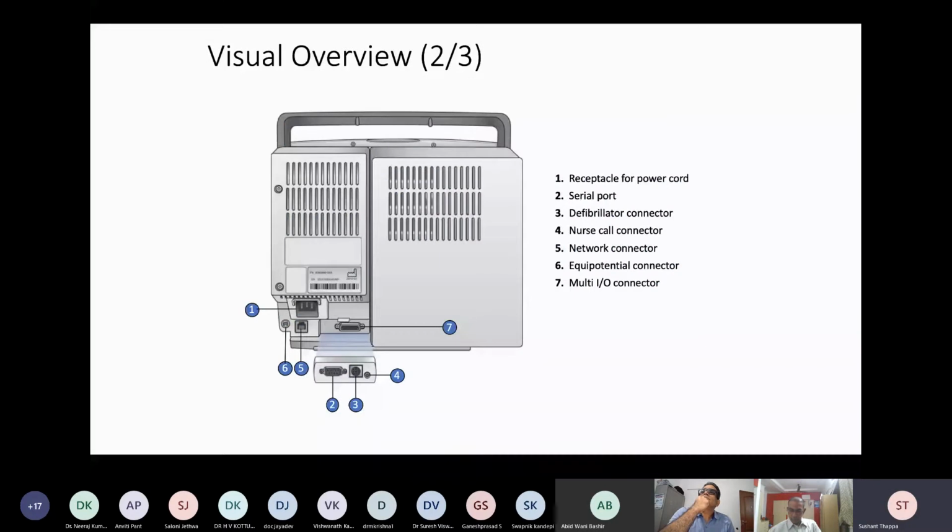This is an important slide only because what I wanted to show you here were the ports. Nowadays, sometimes it's important to identify whether the monitors are digitally enabled or not. In that case, you just have to ask or look for network ports within the monitor.